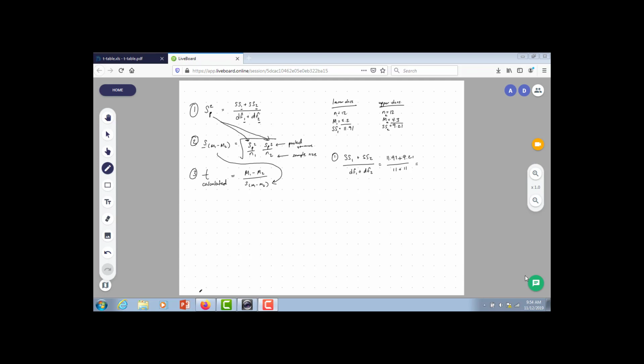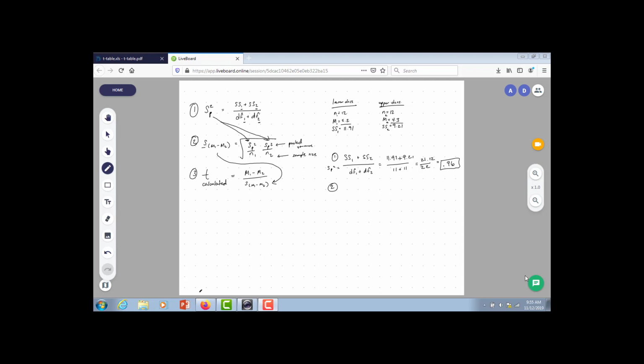Once we do that, we end up with 22 in the denominator, 21.12 in the numerator. Once we do that out, we end up with 0.96 in terms of our pooled variance.